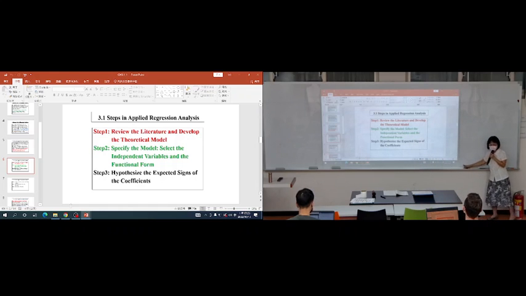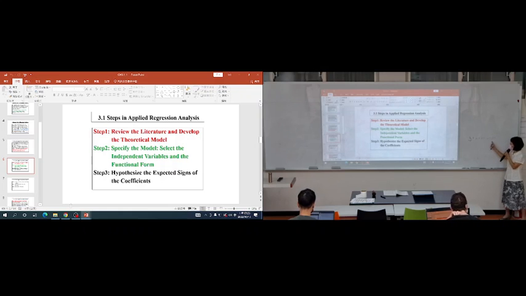In math, this is what you are more familiar with in the math model. When I say y equals a plus b x1 plus c x2, with two variables, x1 and x2, this is what we call a functional form, one of the functional forms.